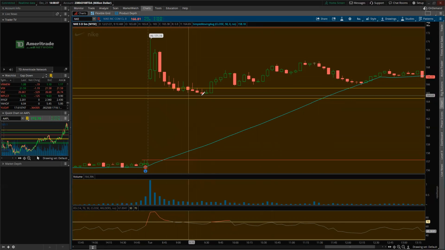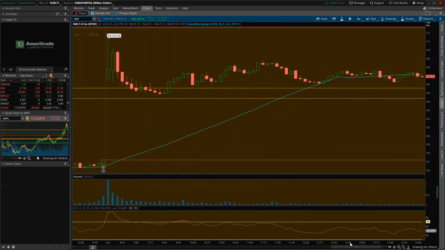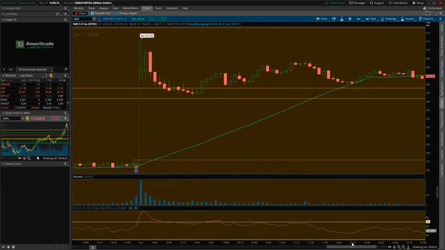So because it did not do that, you would not take that trade. You would not take that trade for a gap fill, but you could take it for the first 6 candles of the day. So 1, 2, 3, 4, 5, 6. This is our 6th. This is our lowest body. This is our lowest wick.